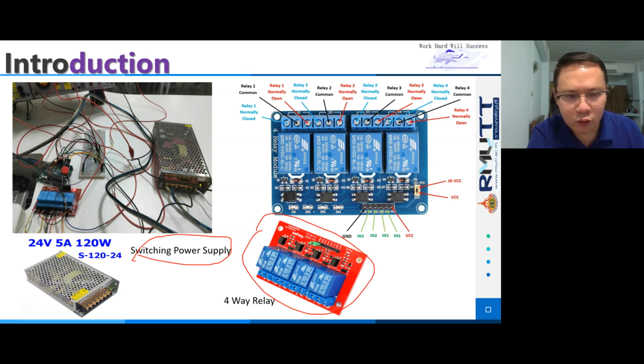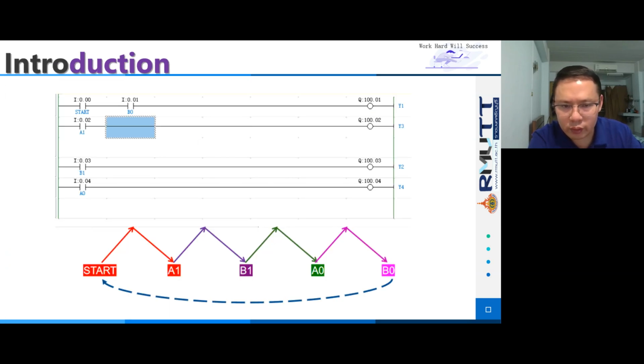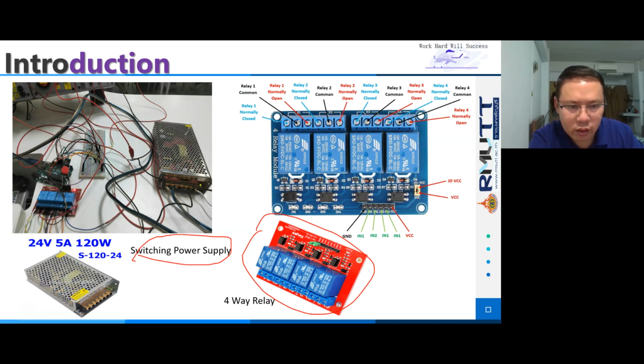The four-channel relay module is a convenient board that can control high voltage and high current loads such as motors, solenoid valves, lamps, and AC loads.